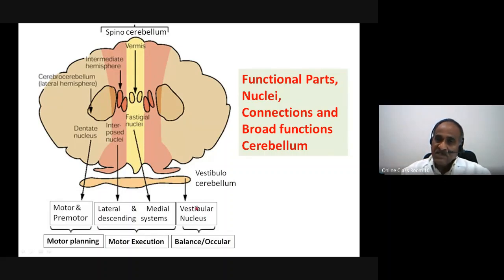For your information, the vestibular nuclei receive from the otolith organs and the semicircular canals. In the medulla, there are four pairs of nuclei: the superior, inferior, lateral, and medial. Just a brief outline about that.